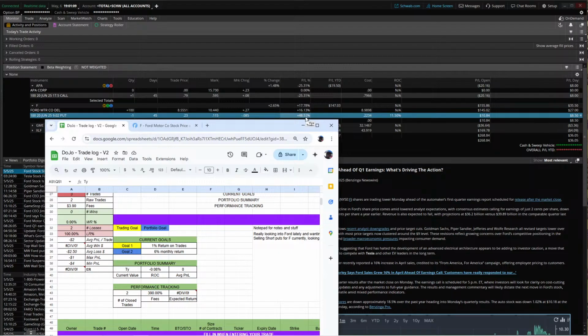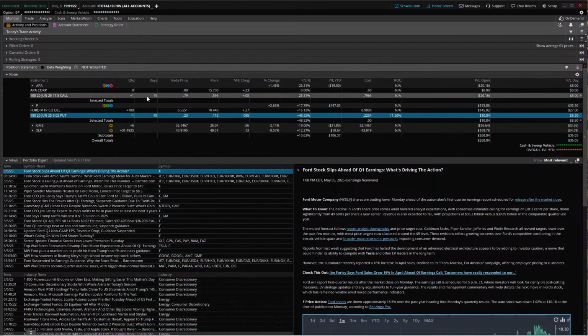It's not that I want huge dollar amounts every single trade, because if that was the case, I could just throw dozens of quantities on these calls and swing for the fences, trying to go for home run trades.